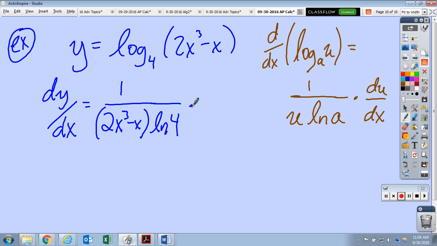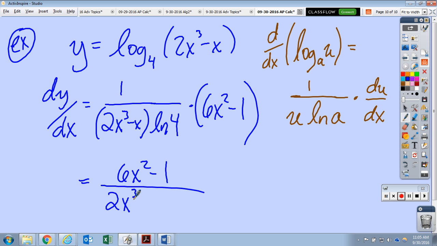And du dx would be 6x squared minus 1, times the inner. Couldn't you just substitute the x? Yep, absolutely, to look even cleaner.